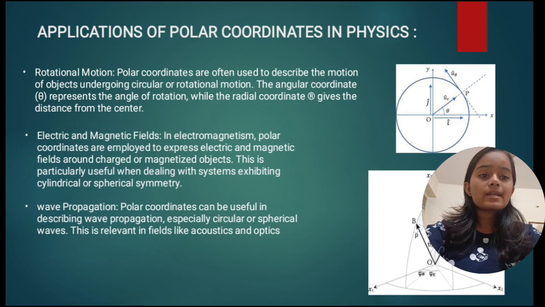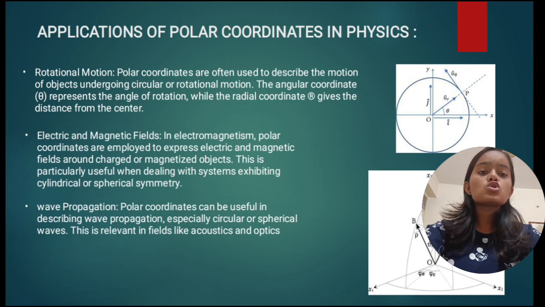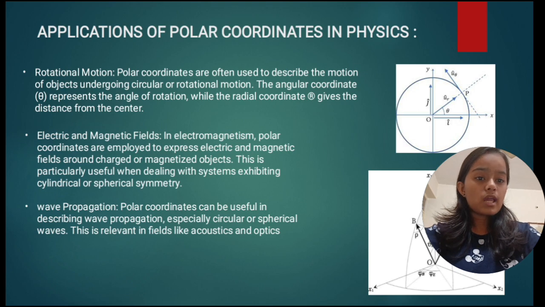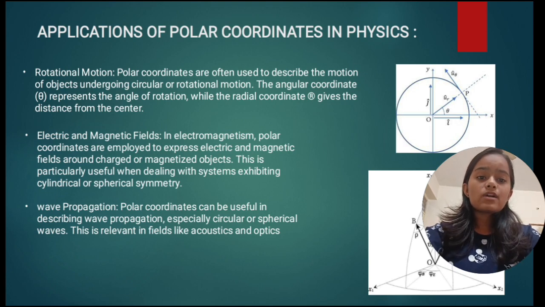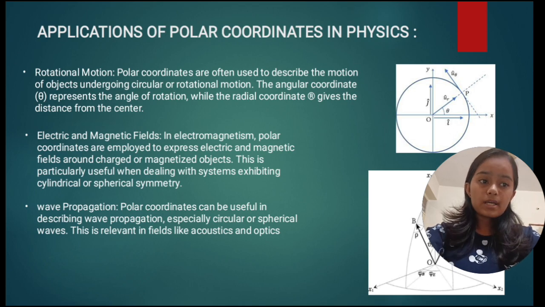In electromagnetism, polar coordinates are employed to express electric and magnetic fields around charged or magnetized objects. This is particularly useful when dealing with systems exhibiting cylindrical or spherical symmetry. Figure 2 shows electric and magnetic fields in polar coordinates. Wave propagation. Polar coordinates can be useful in describing wave propagation, especially circular or spherical waves. This is relevant in fields like acoustics and optics.